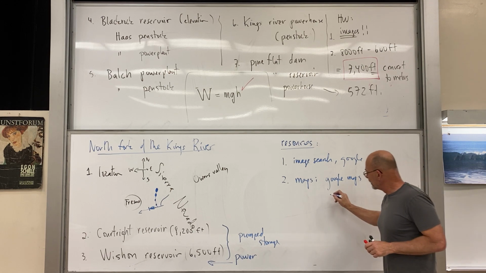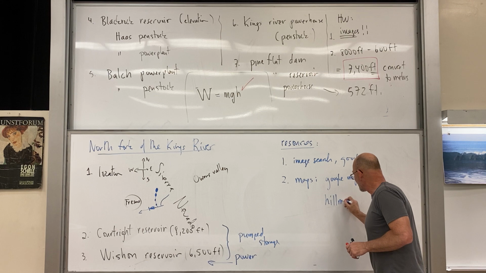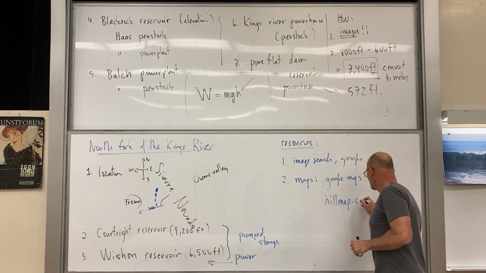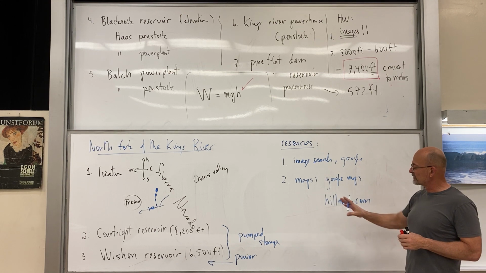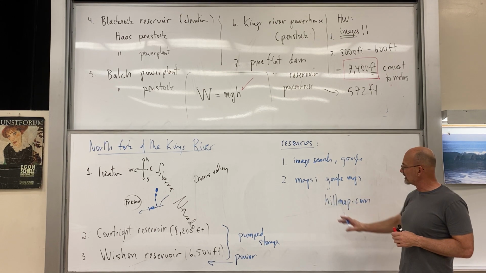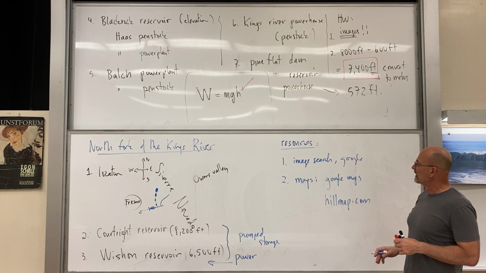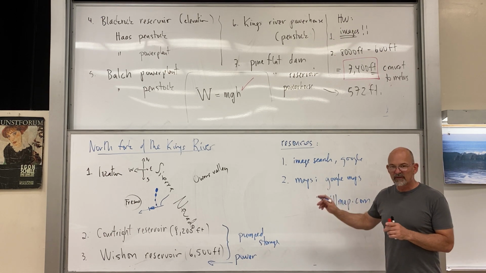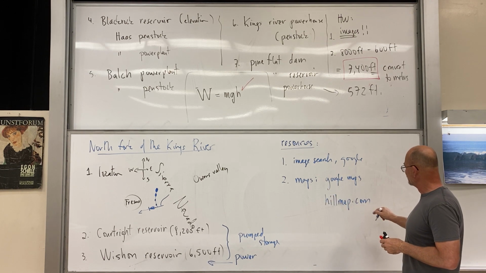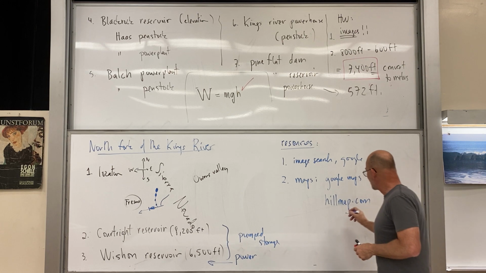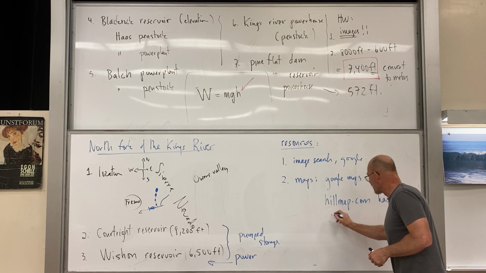I also like to use a program called hillmap.com, where there's a whole menu of different types of topographic maps that one can select for imaging things. You can just use screenshots. Once you locate something good, you can just take a screenshot and print it out. So hillmap.com has many topographic maps.